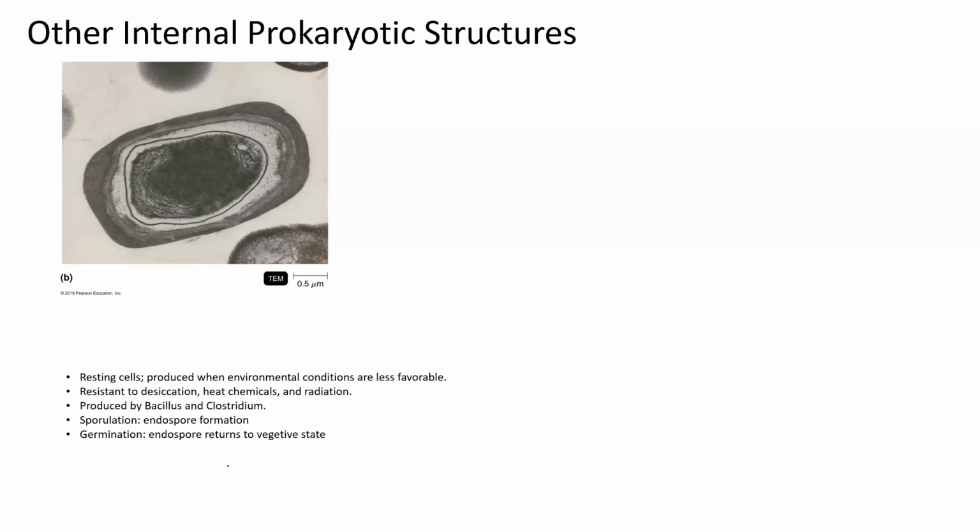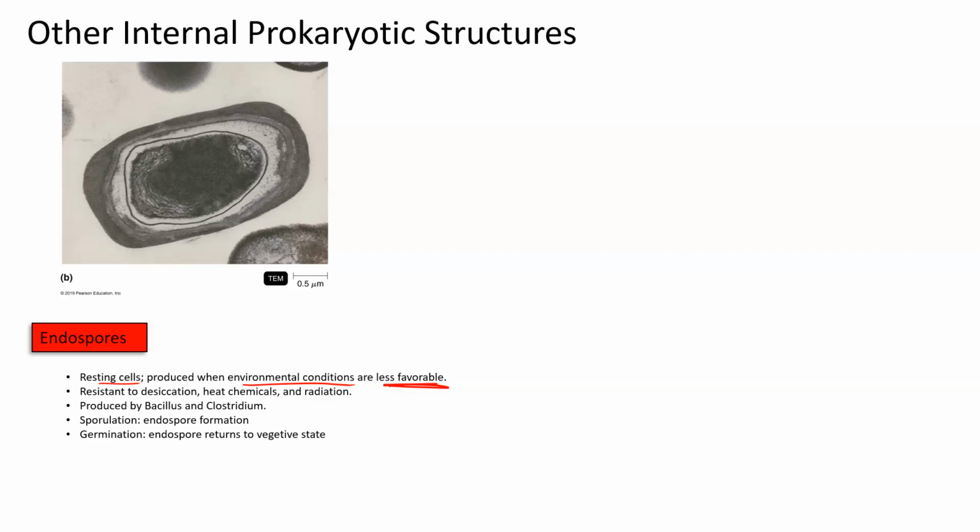Last thing, other internal prokaryotic structures are the endospores, and endospores are present in resting cells. They are produced in certain bacteria when environmental conditions are not as favorable.